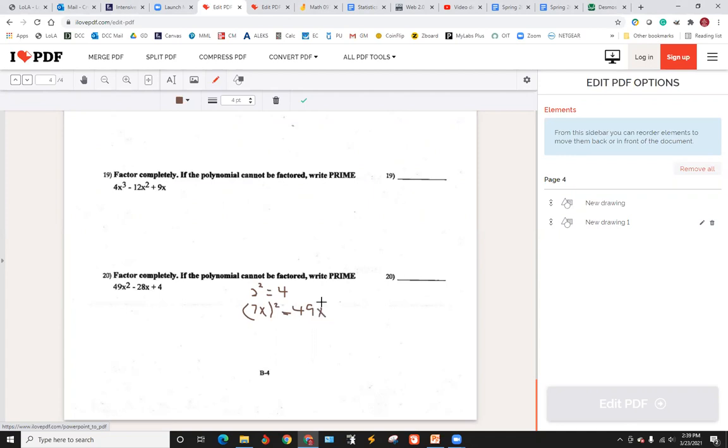So that gives us a hint about how to proceed with this one. We can go ahead and multiply the 49 times the 4 and use my AC method to do this.